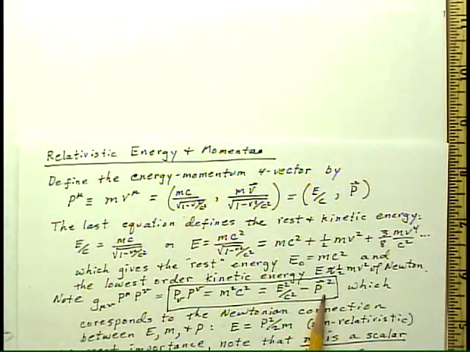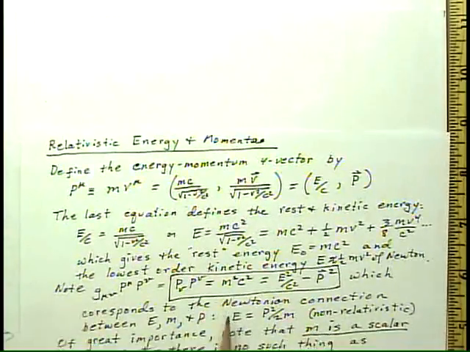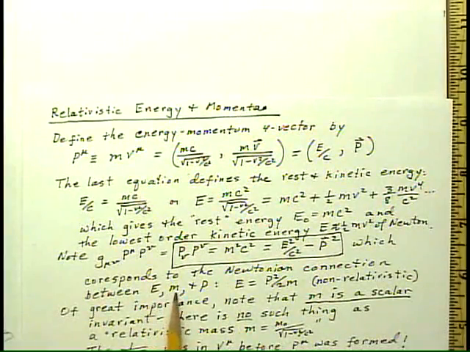minus p squared. This formula here is of incredible importance because it corresponds to the Newtonian connection between energy, mass, and momenta in the relativistic case, where in the Newtonian theory we had E is equal to p squared over 2m for the non-relativistic Newtonian situation.